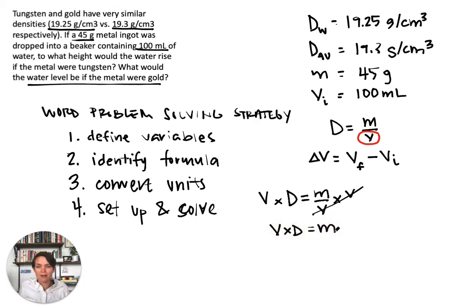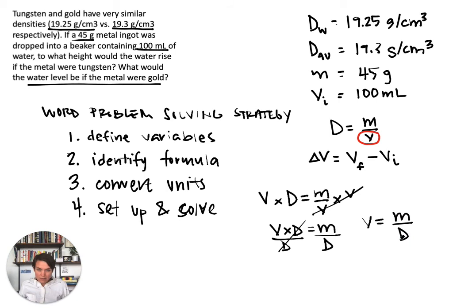Now I haven't accomplished my goal of isolating volume to one side of the equal sign, but I have accomplished the goal of getting it out of the denominator. So now I'm going to divide both sides by density, right? You have to do the same thing to both sides of the equation. Density cancels out, and I have volume equals mass over density.